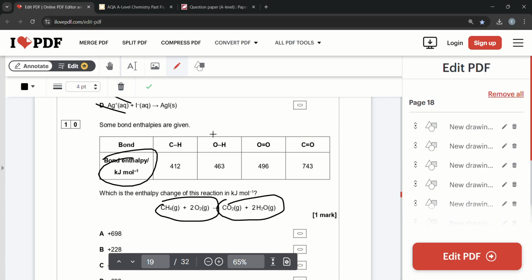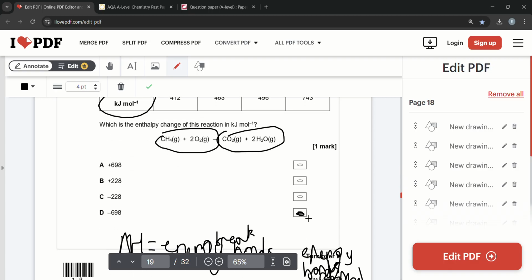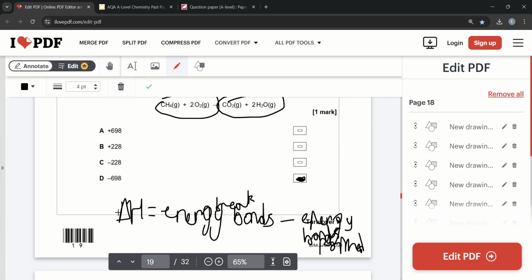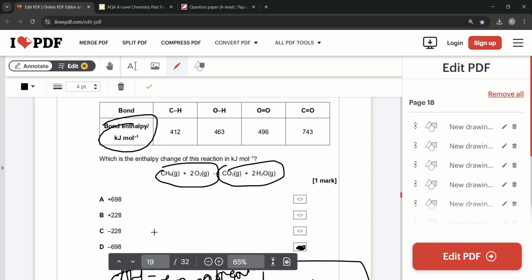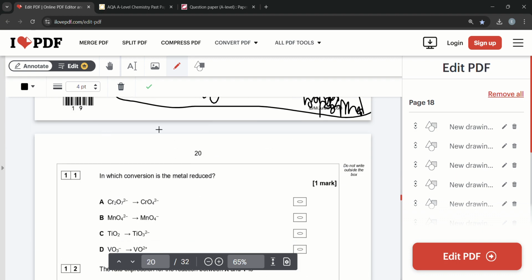So it's just a long calculation, and you should get minus 698. All it requires is to memorize this formula, which you should know, then substitute the values in, and obviously consider the moles. But I'm not going to go through the calculation because that'll just take a lot of time and there's no point.